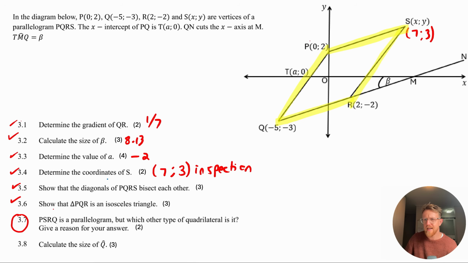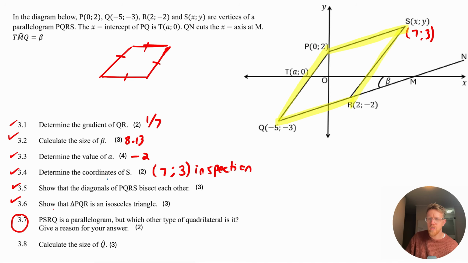It's not a rectangle because rectangles would have 90 degrees over there. So the only other shape it could be, where it still has these slanted angles, is a rhombus.